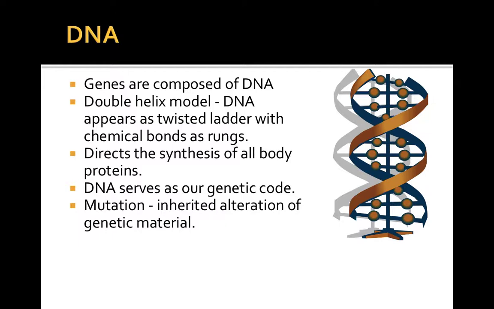DNA is found almost entirely within the nucleus of the cell. As the cell begins to divide, nuclear material arranges itself into strands called chromosomes. Chromosomes consist of many DNA molecules arranged in sequence.